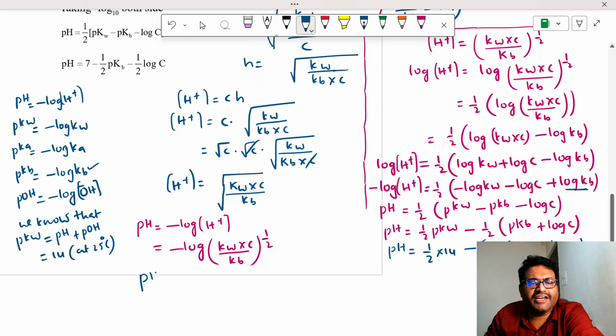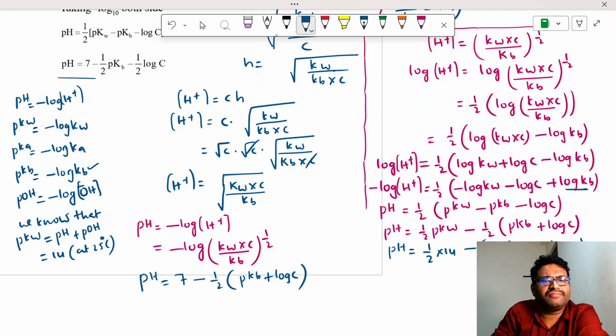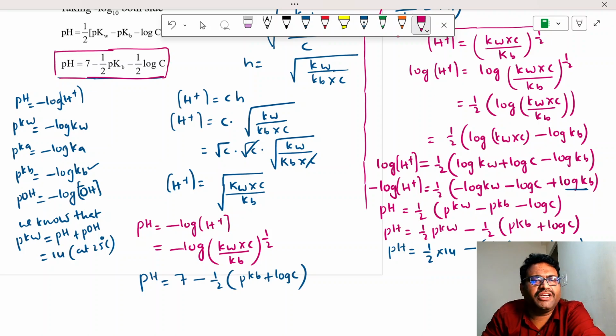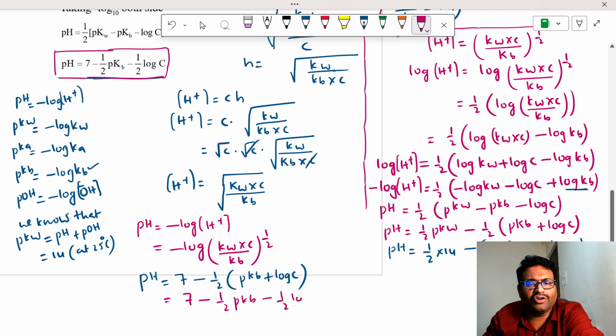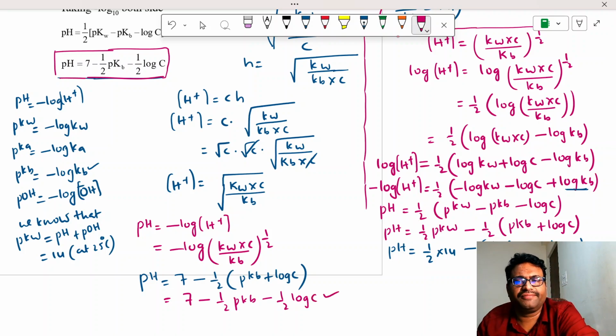So directly I can write here it is equal to 7 minus half pKb plus log C. Here you can find it easily. pH is equal to 7 minus half pKb minus half log C. So this is the formula.